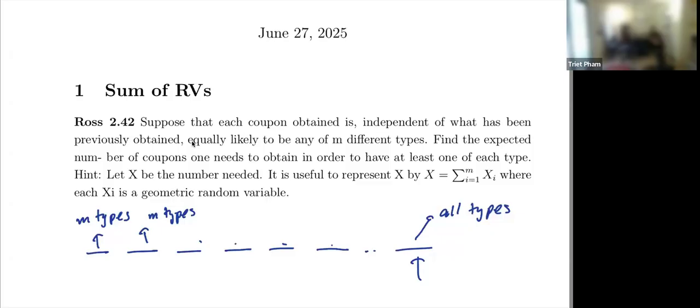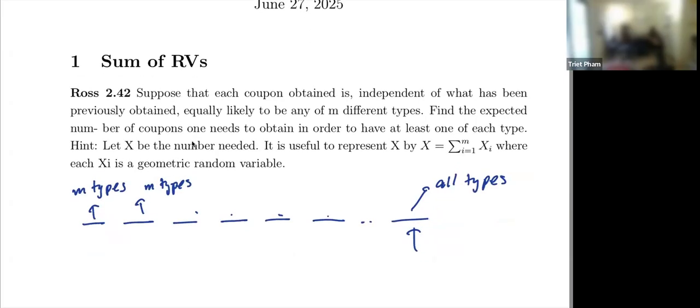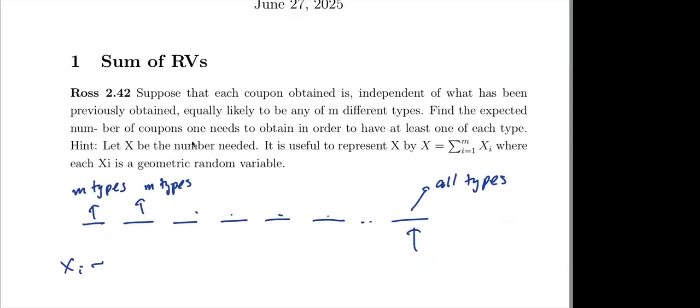Okay, now having said that, let x be the variable we need, and we need to express it as a sum. They already say that. So what are the xi's? Number of coupons collected till you see the ith type?